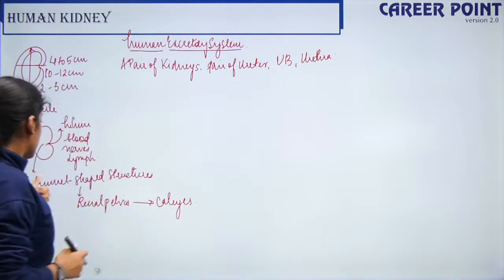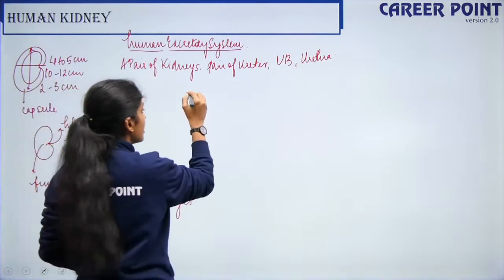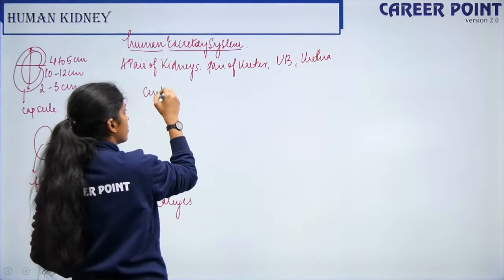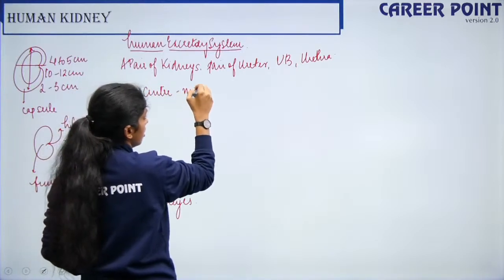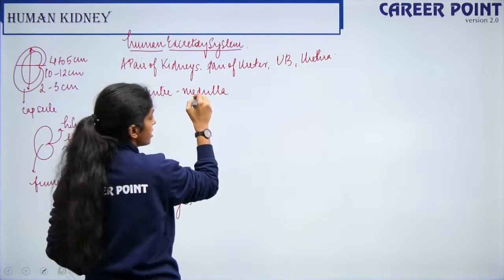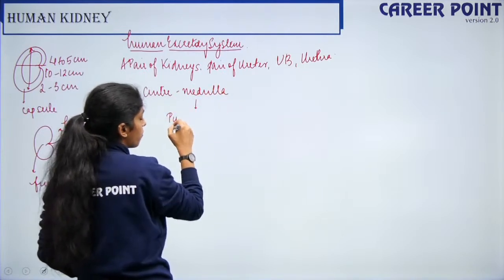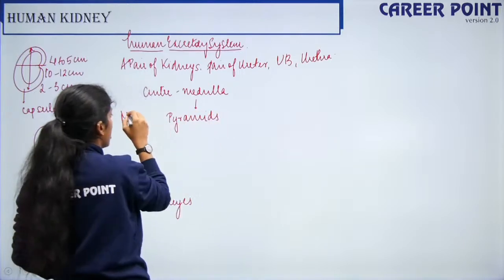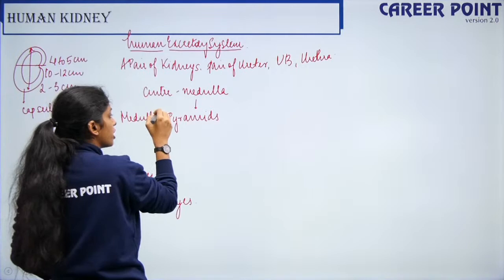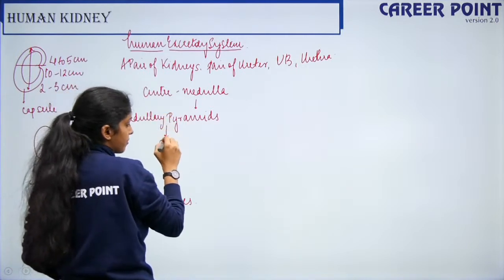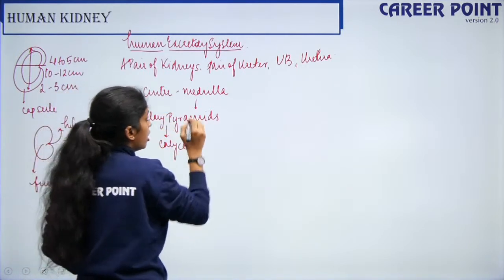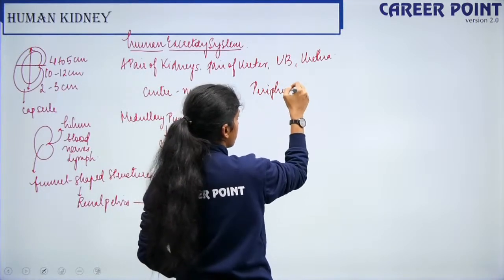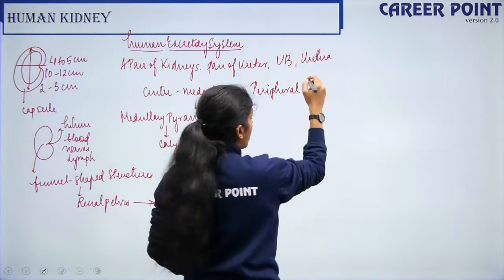Okay, fine. So this is the calyx. The inner surface of the kidney is divided into two parts, the central medulla. The central medulla opens into conical or pyramid-like structures known as medullary pyramids. These medullary pyramids project through the calyces. So this is the center portion. The peripheral portion of the kidney is the cortex.